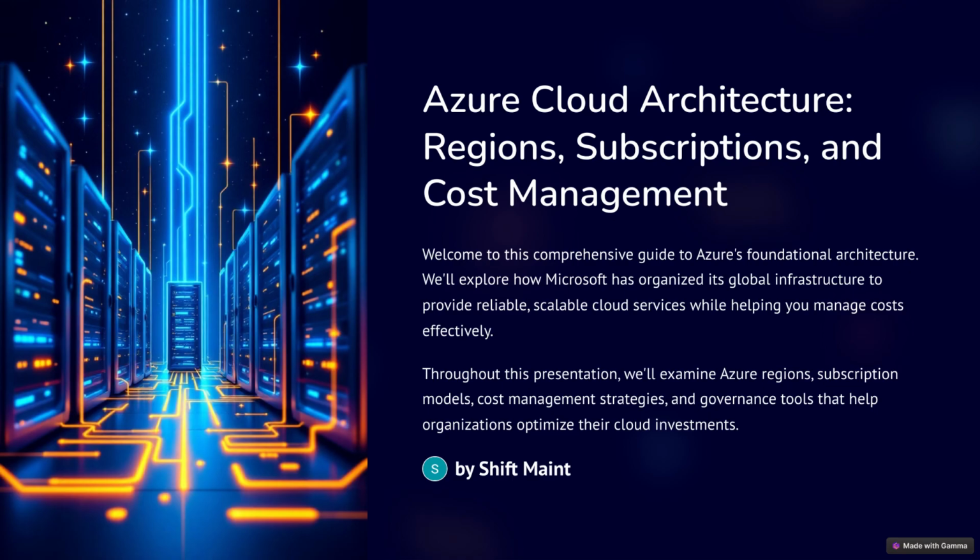Our source is saying that the scale of this global network is pretty impressive. It is. Azure currently has over 50 regions, and these span more than 140 countries. To give you some context, that's a larger global footprint in terms of regions than any other major cloud provider. Wow. It shows how committed Microsoft is to making Azure accessible everywhere.